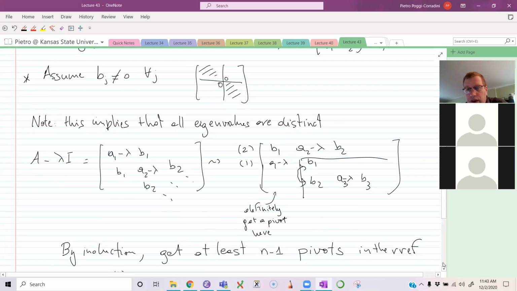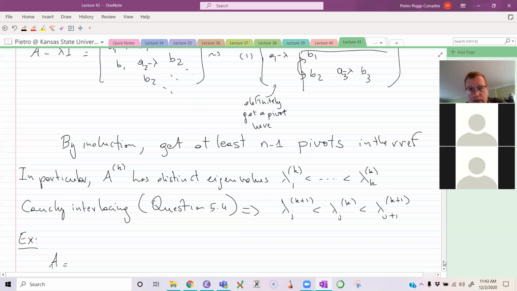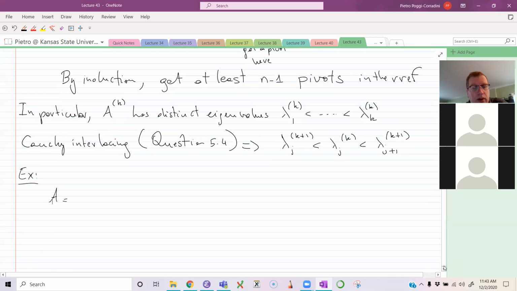All right. So, okay. So we have the Cauchy interlacing. Let's do an example on an actual matrix. Let's take 1, 1, 2, 1, 2, 1. 4x4 matrix.